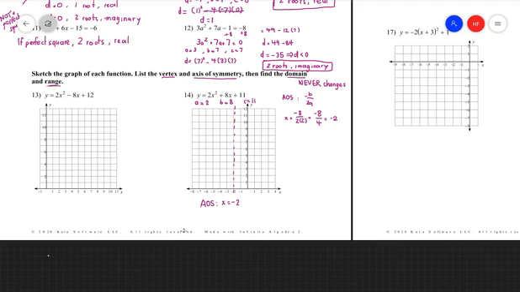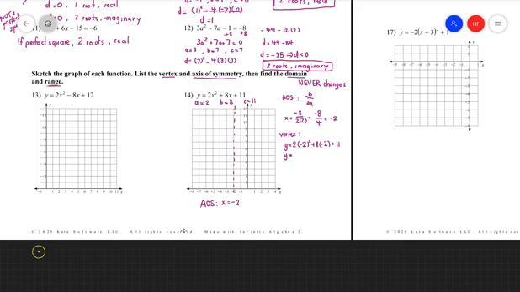Then my vertex, I'm going to plug that value into the equation. So y equals 2 times negative 2 squared plus 8 times negative 2 plus 11.